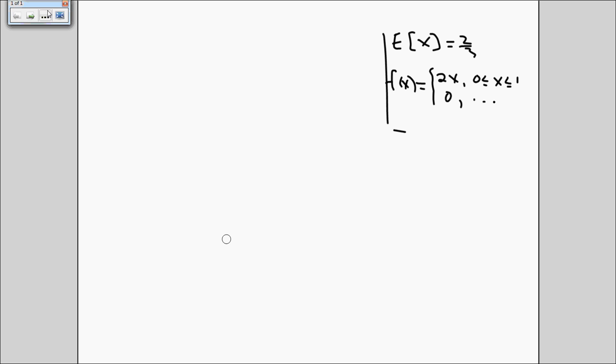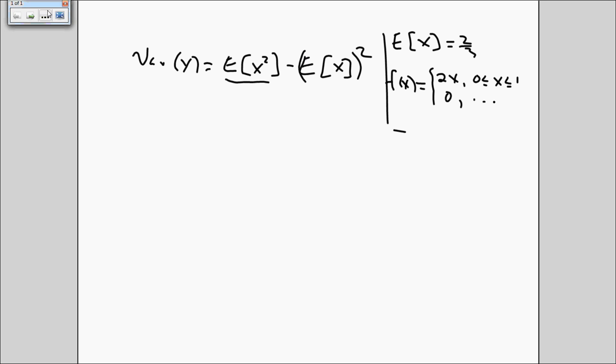And the main part about finding the variance, if you're using the formula that the variance is E of X squared minus E of X all squared, is to find E of X squared, once you've found the expected value. Because we already know that.